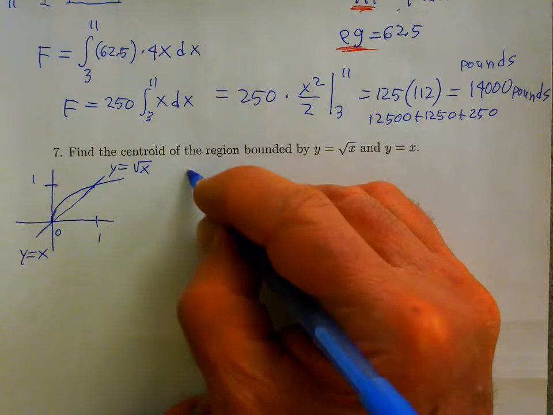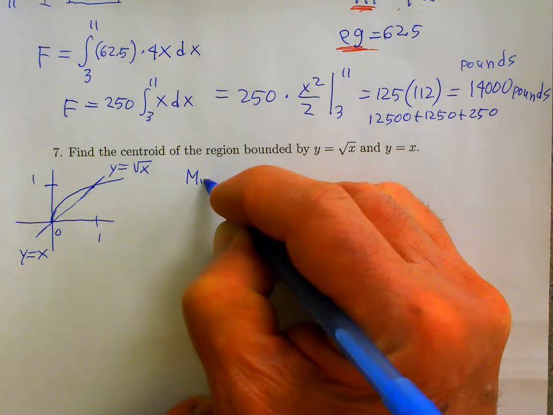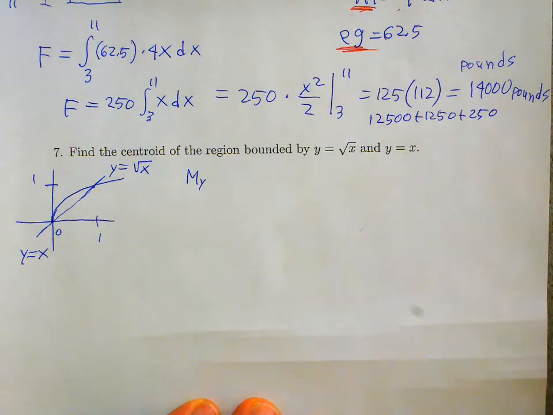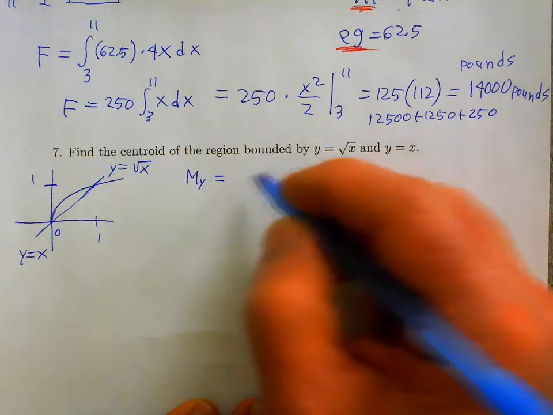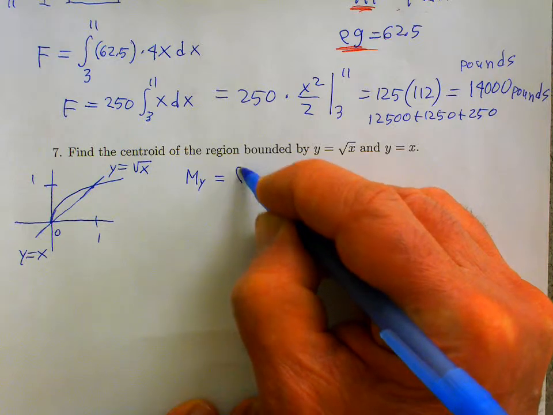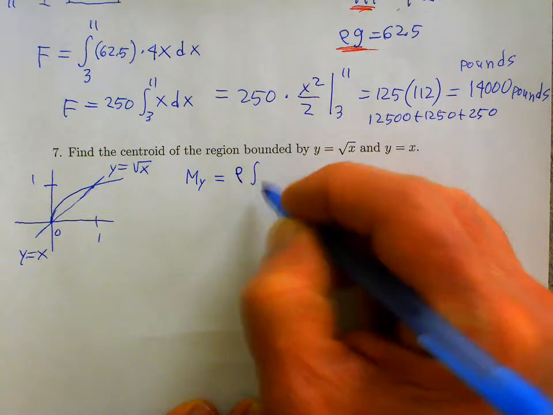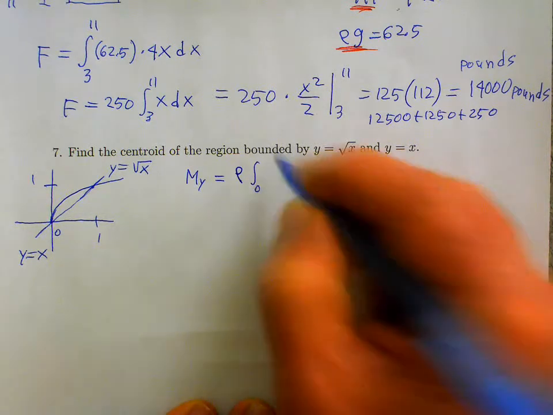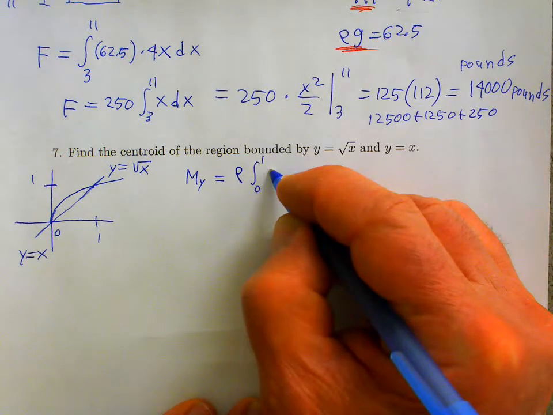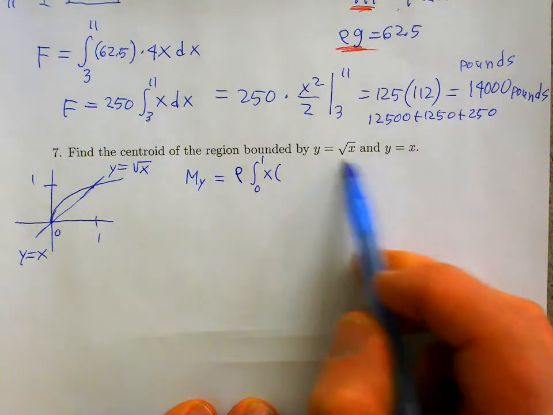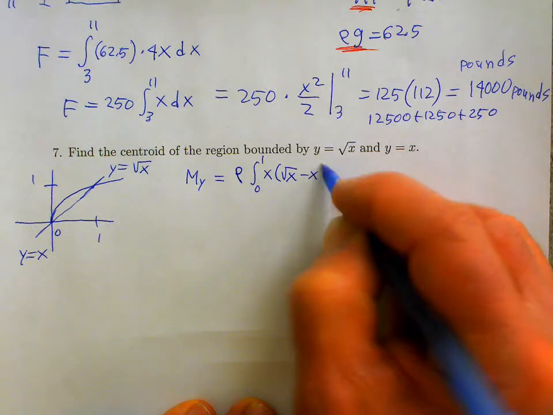The moment of the region about the y-axis, well, we have this density constant rho multiplied by the definite integral from 0 to 1 of x times the difference of the two functions, x times the quantity square root of x minus x, dx.